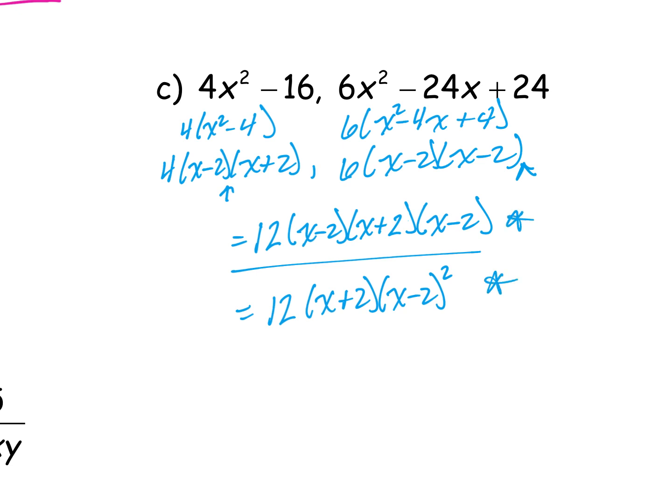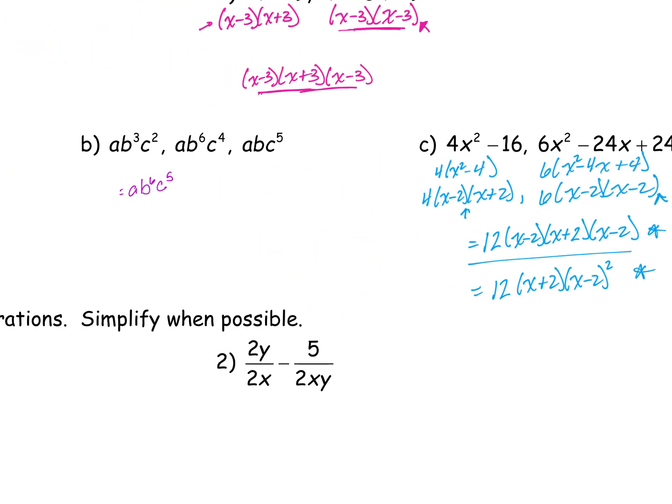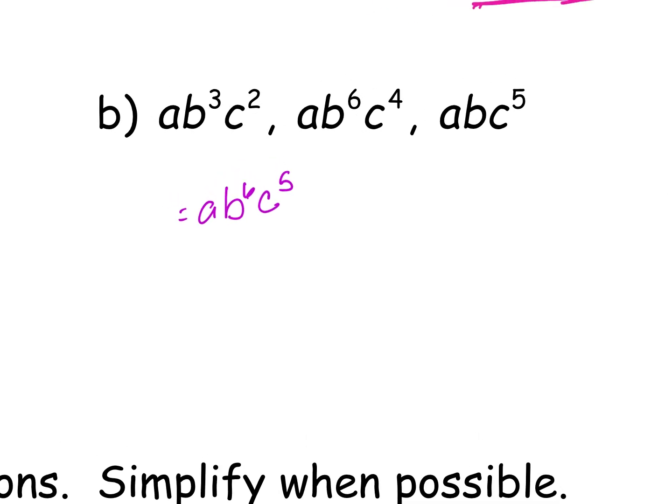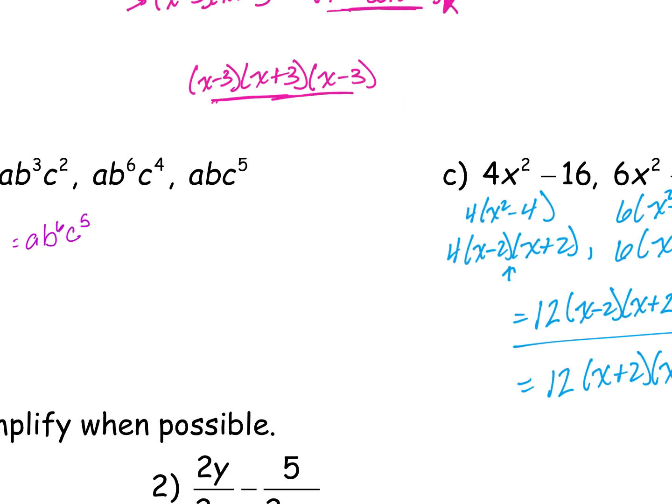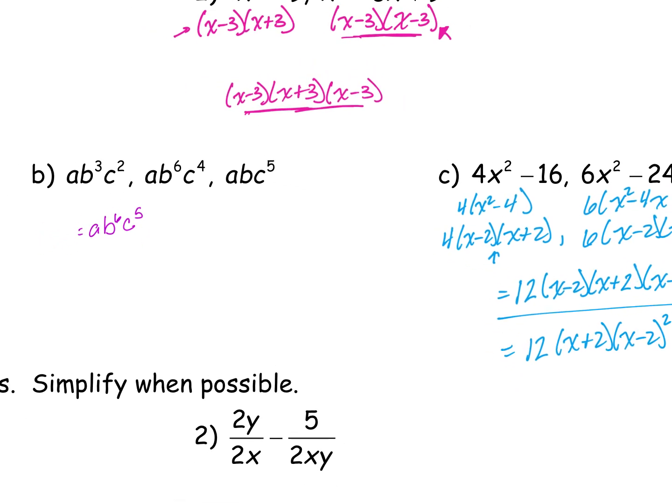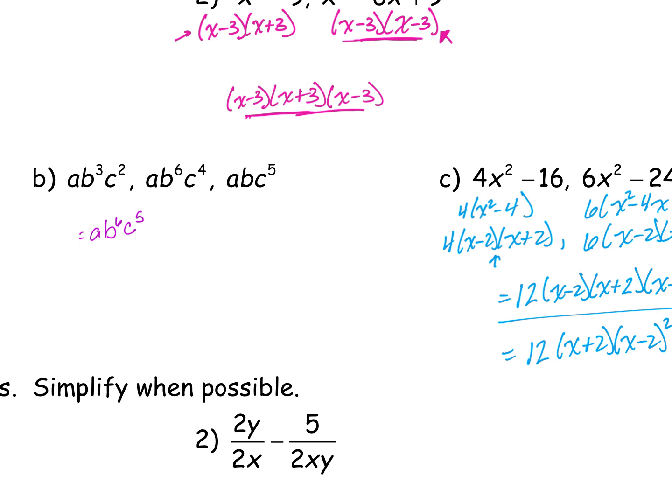Okay, questions? Yes, dear. So for B, it's not about adding the exponents, it's just the biggest one? Right, because I'm not multiplying them together. I'm just finding the least common multiple. But how do you know when to do that and when you have to factor? Do you see, there's no add or subtract signs between them.